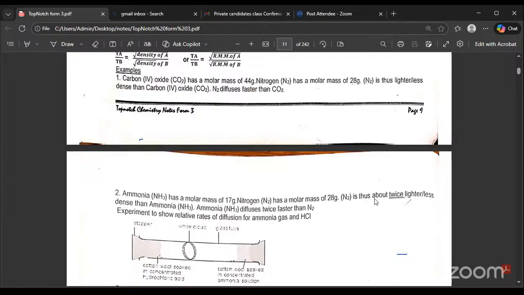I want you to see that nitrogen is about twice as heavy. So ammonia will diffuse faster, or at a higher rate, than nitrogen.